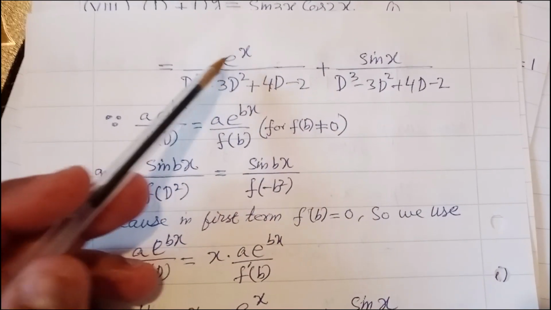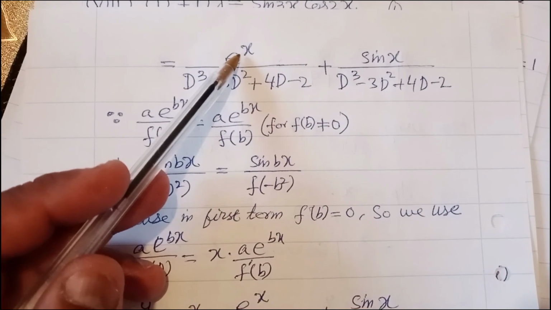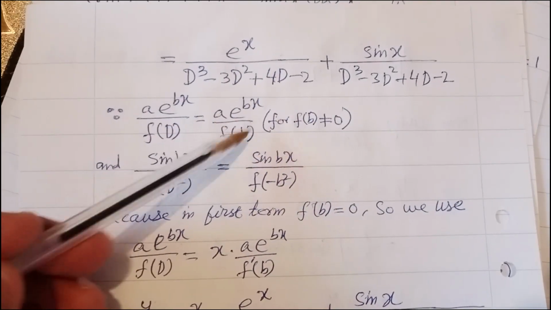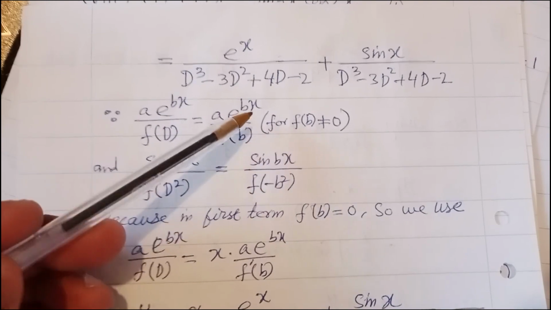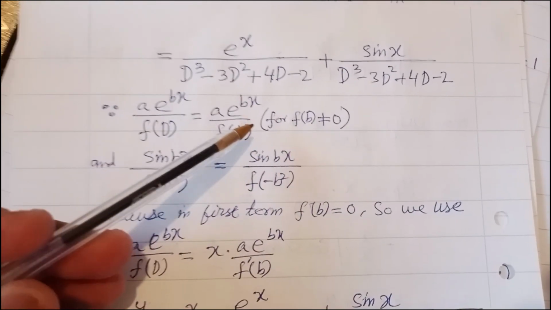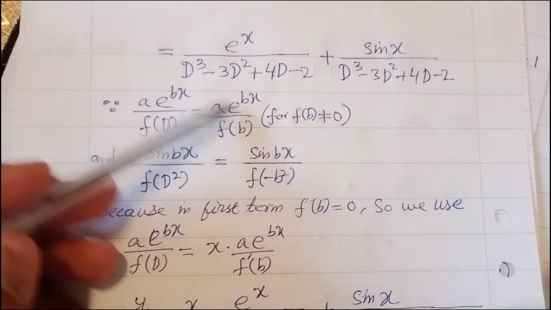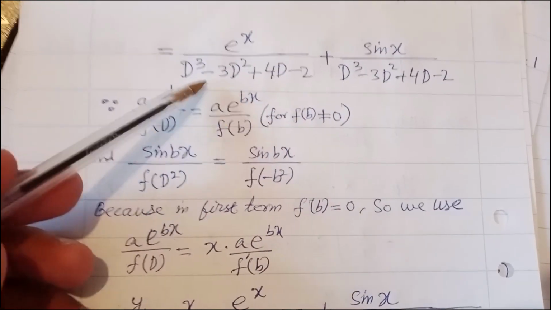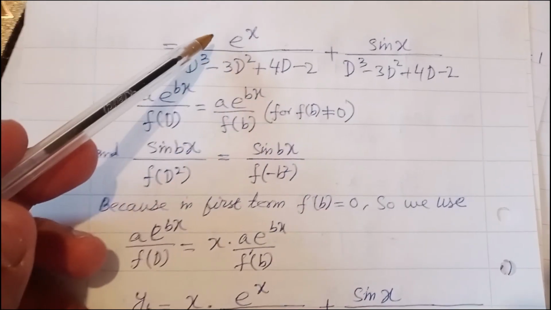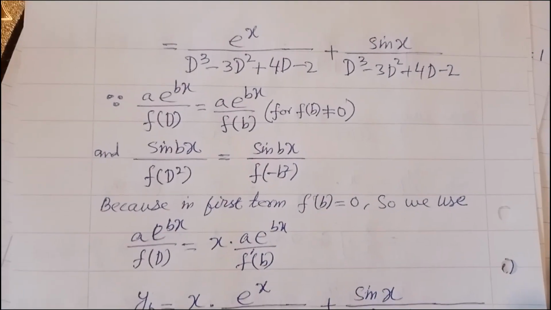So directly here the value of b is 1. When you apply this formula, you cannot get the solution because, as we know earlier, 1 is a root of the differential equation, so we cannot directly substitute 1 here. We must differentiate the denominator to find the solution of the first part. So what is the rule?